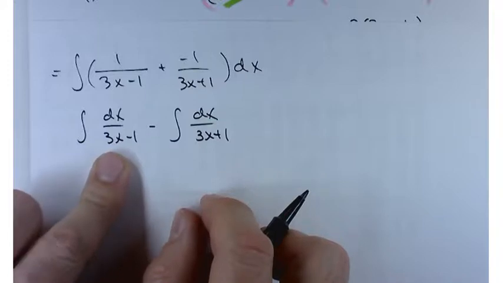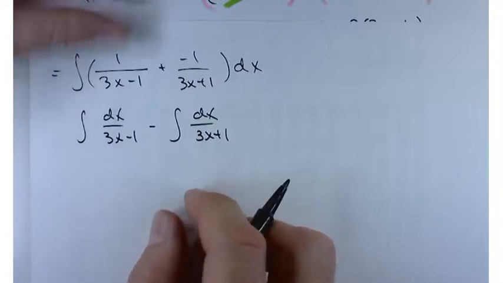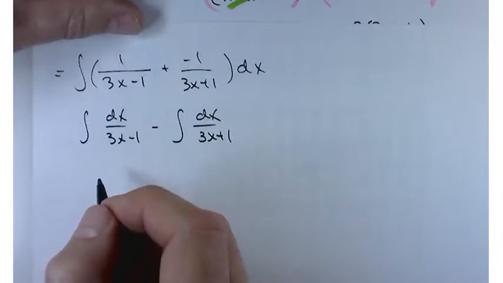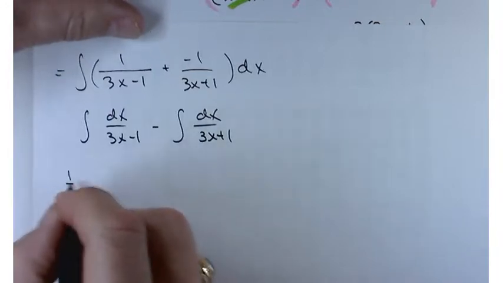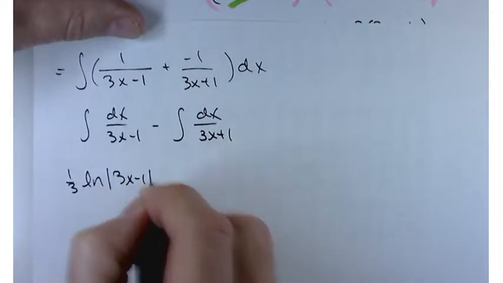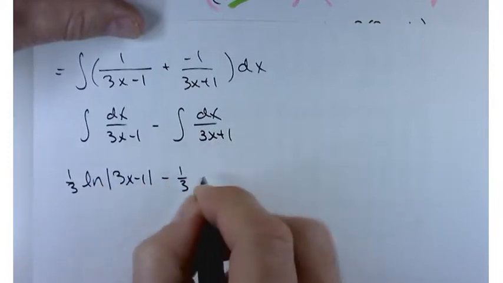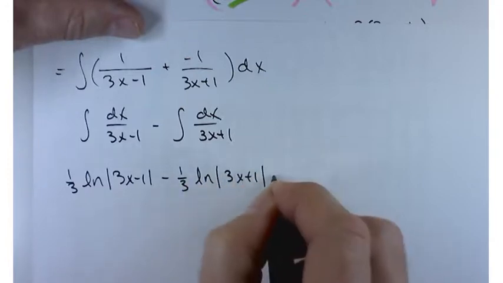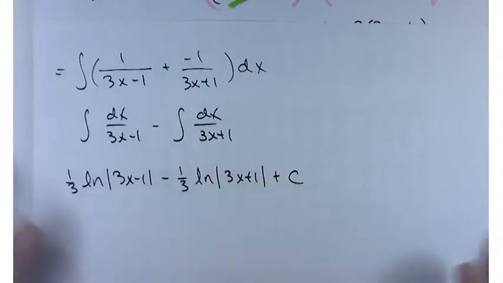Kind of depends on you. If you did, you're going to find that you need a factor of 1/3. We'll end up with 1/3 the ln of 3x minus 1 minus 1/3 the ln of 3x plus 1 plus your constant.